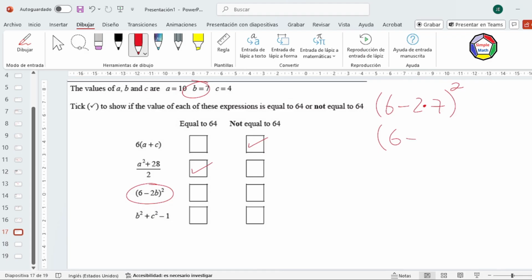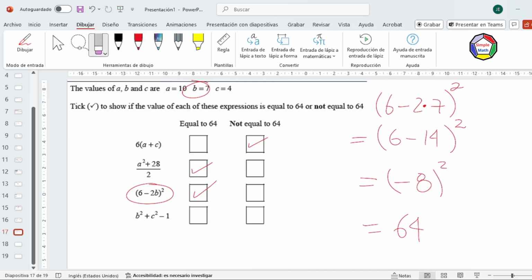So this is 6 minus 14, and then everything raised to the power of 2. 6 minus 14 is minus 8. So it's minus 8 to the power of 2, which is minus 8 times minus 8. Negative times negative becomes positive, so the answer is 64. So in this case, equal to 64.